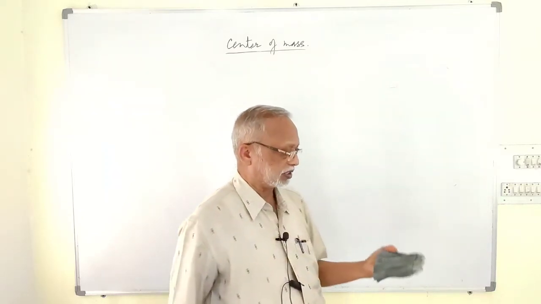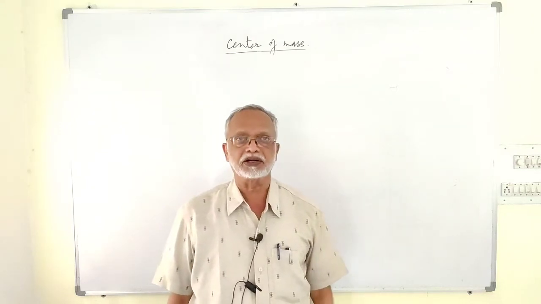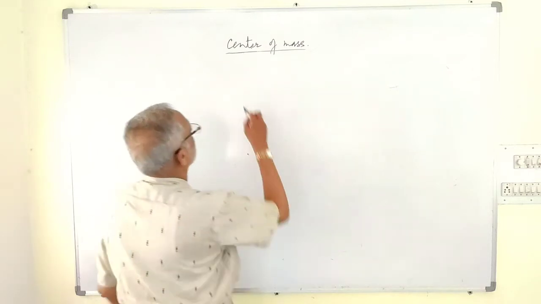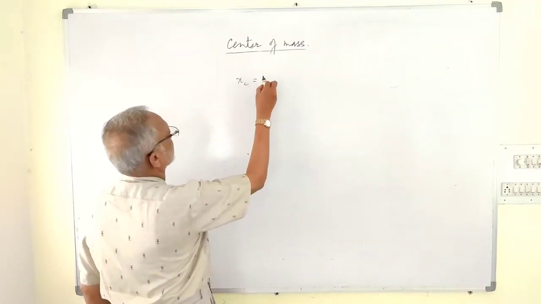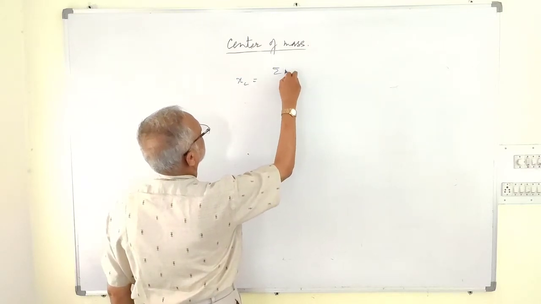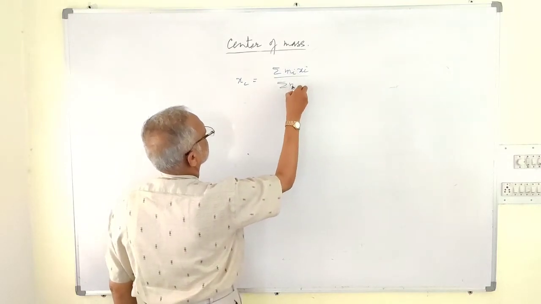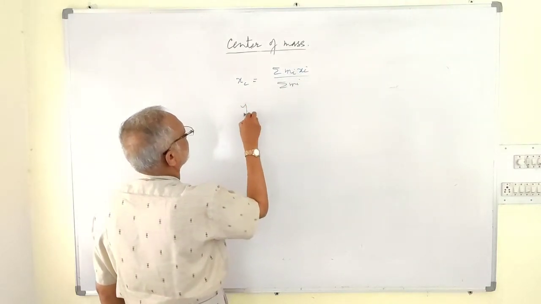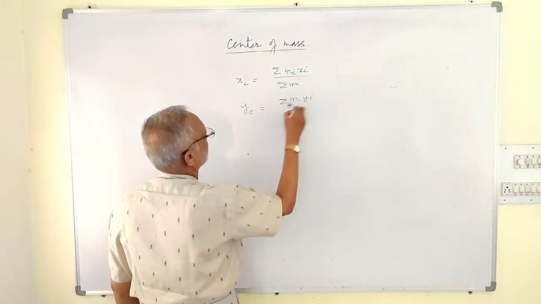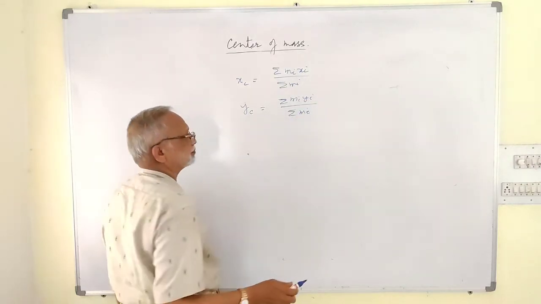When every body has got x coordinate and y coordinate, the center of mass also will be having x coordinate and y coordinate. Then in that case, the x coordinate of the center of mass xc is equal to sigma mi xi divided by sigma mi. yc is equal to sigma mi yi divided by sigma mi.